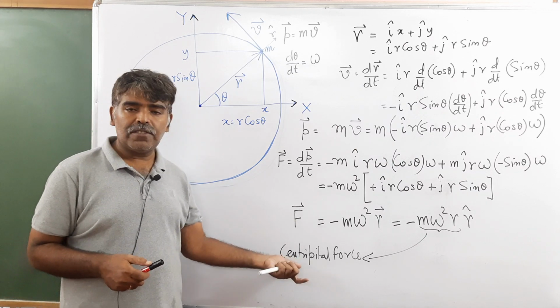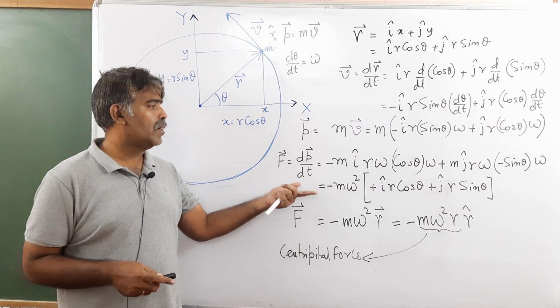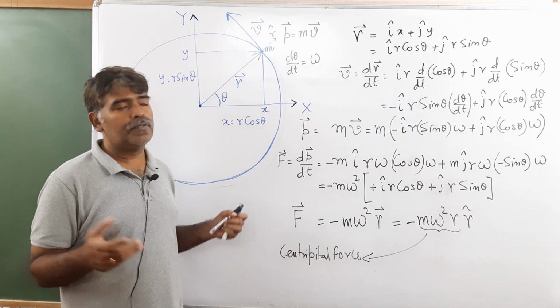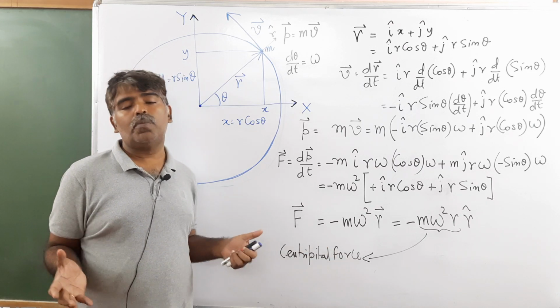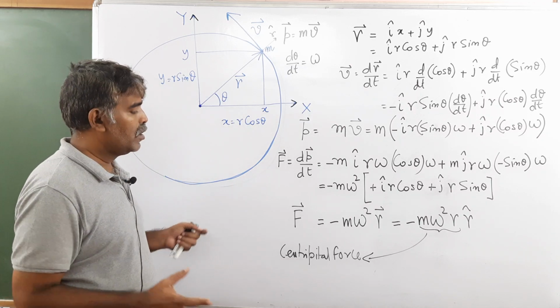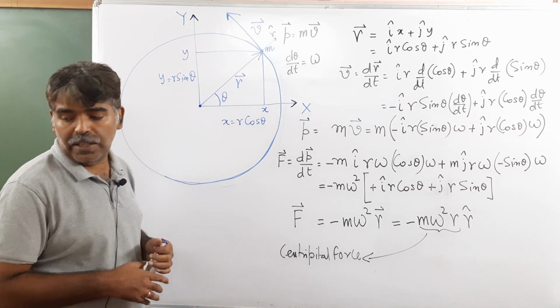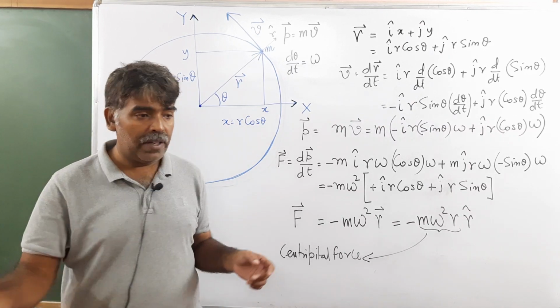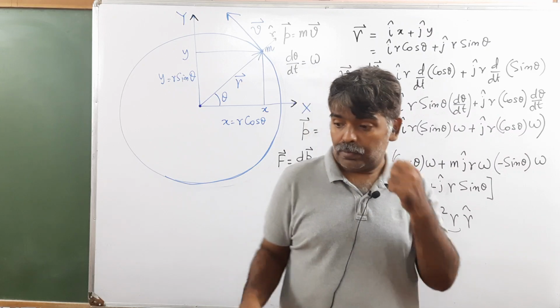This is always attractive, and an example is the gravitational force. If a stellar object is moving in a circular path, the gravitational force is the centripetal force. You can see this pendulum, that ball.